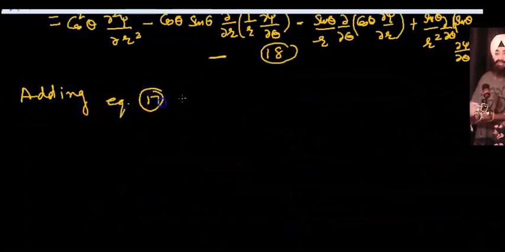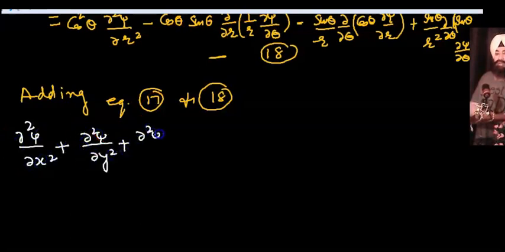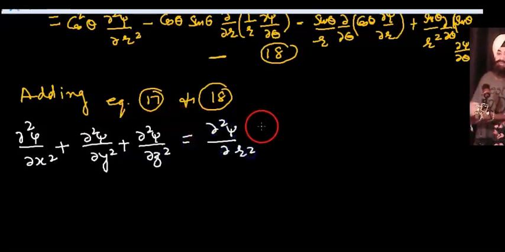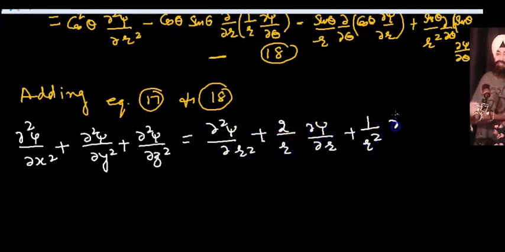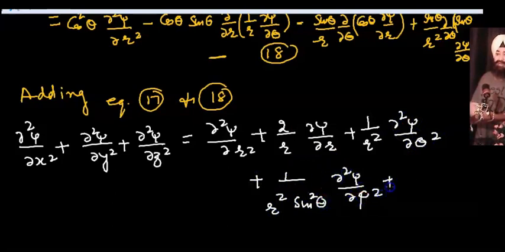Now adding 17 and 18, we'll get curly squared psi by curly x squared plus curly squared psi by curly y squared plus curly squared psi by curly z squared equals to, because it is required in the Schrodinger equation. And we converted it in r, theta and phi.